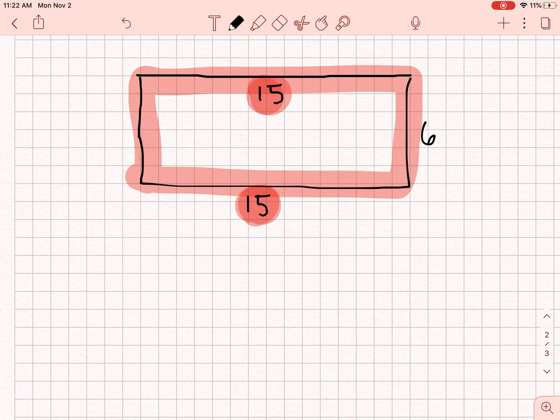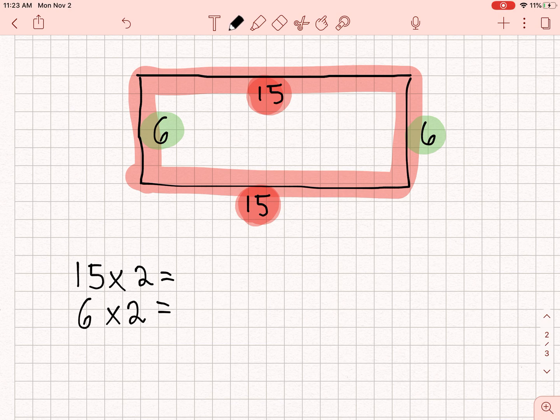And I can write that as 15 times 2. All right. And if I know that the length of this side is 6, I know that the length of this side must be 6 as well. I can write that as 6 times 2. All right, I've got two multiplication problems now. 15 times 2 and 6 times 2.